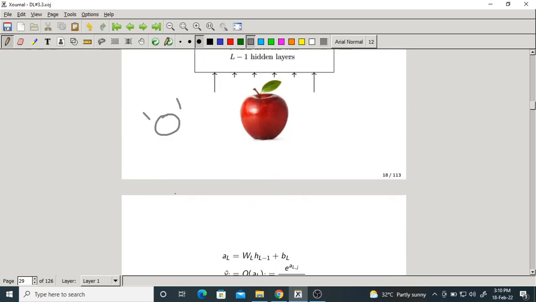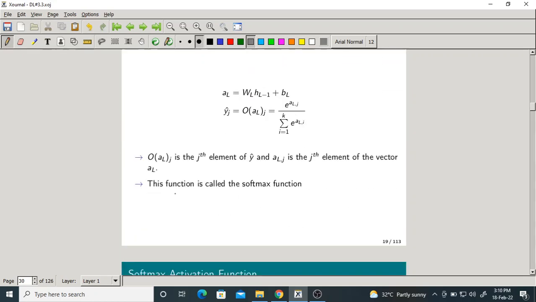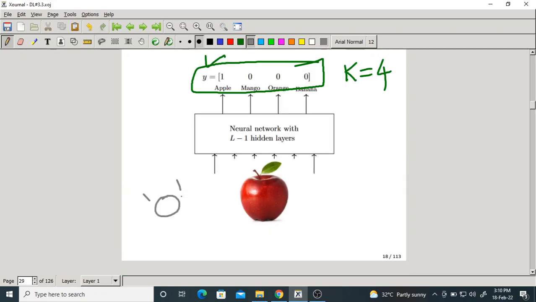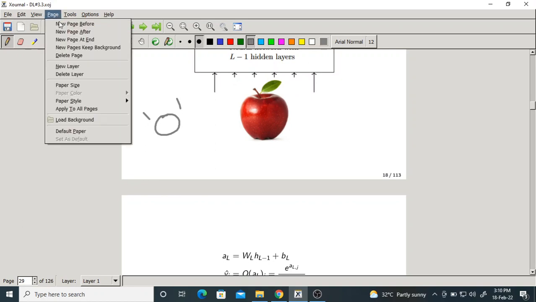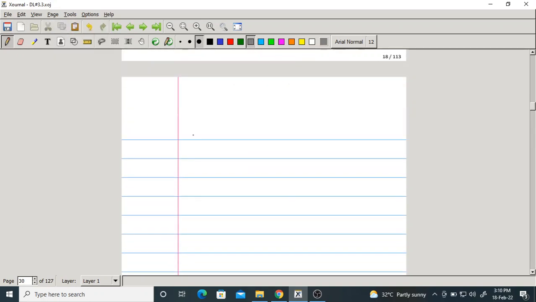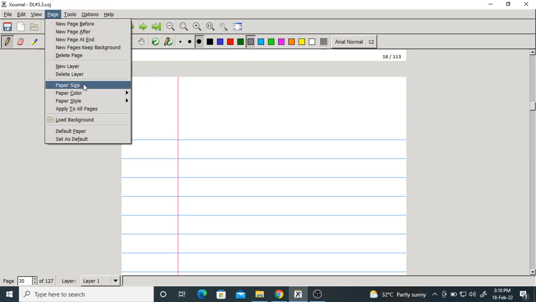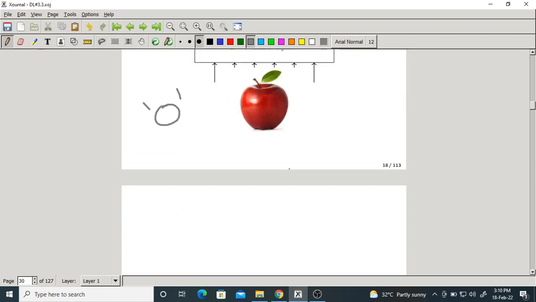Here it is called the softmax function. It is a better function for output activation. So, can we use the logistic or sigmoid function here?